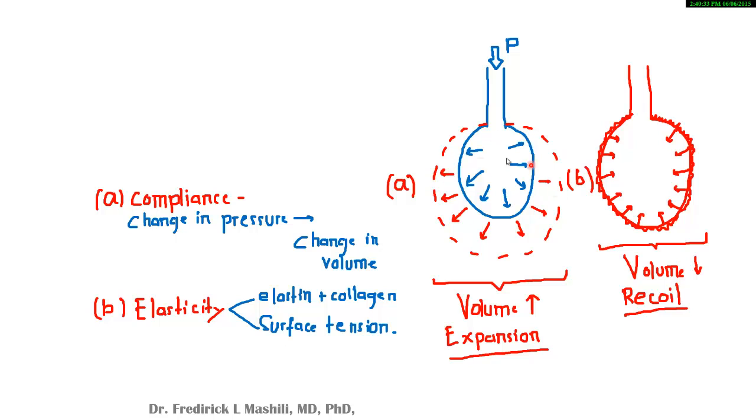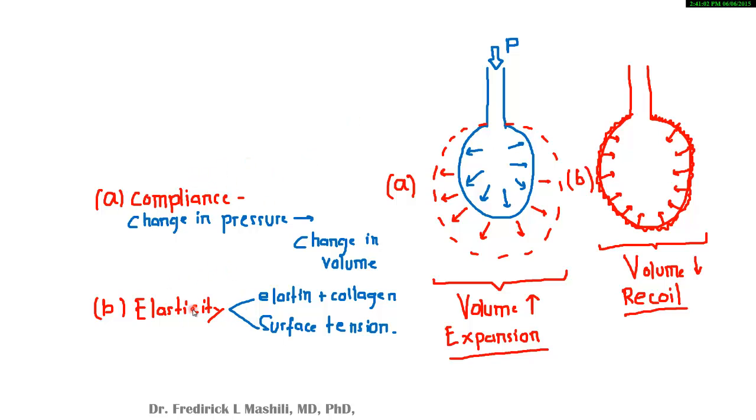But after this has happened, carbon dioxide has been produced from internal respiration. Carbon dioxide has to get out, and for carbon dioxide to get out, the lungs need to squeeze. And this is a natural tendency, and this is what is known as elastic recoil. So they squeeze, they become small, the volume becomes less, and then carbon dioxide is expelled out. So if you look at these two concepts, compliance of the lungs, and then you have elasticity.